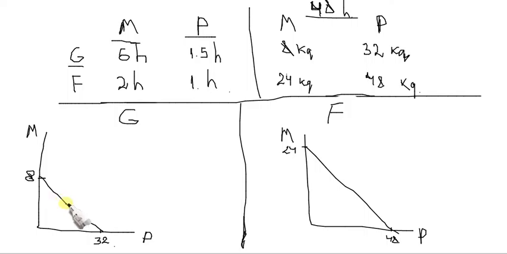If we consider that the gardener is in this point and the farmer is in this point, we'll denote them with A and B. The gardener will be producing these numbers, and when you calculate that, you will see those are correct, and 16 and 4.